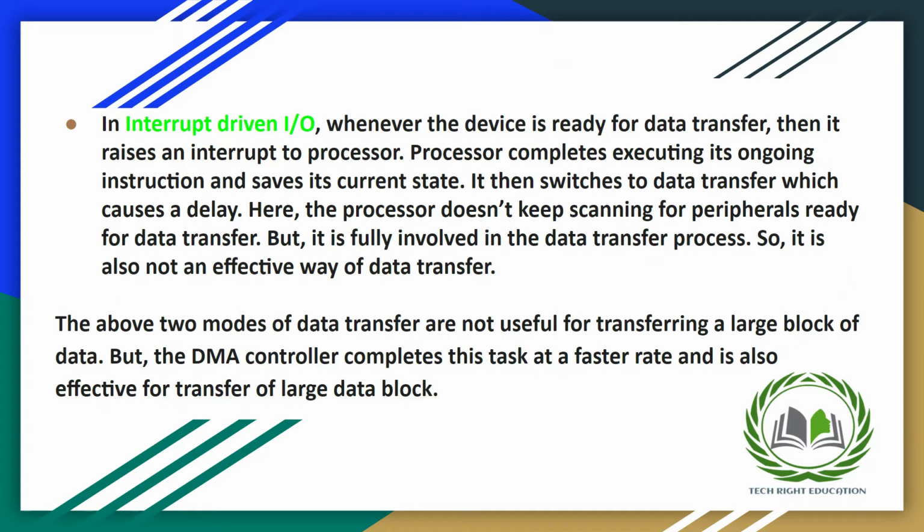It then switches to transfer the data, which causes a delay. In interrupt driven input output, the processor doesn't scan whether any device is ready or not. It is fully involved in transferring the data, so it is also not an effective way of transferring the data.